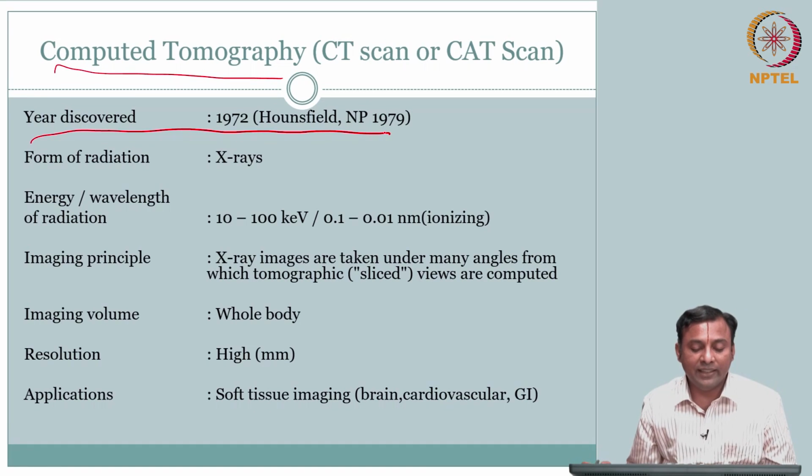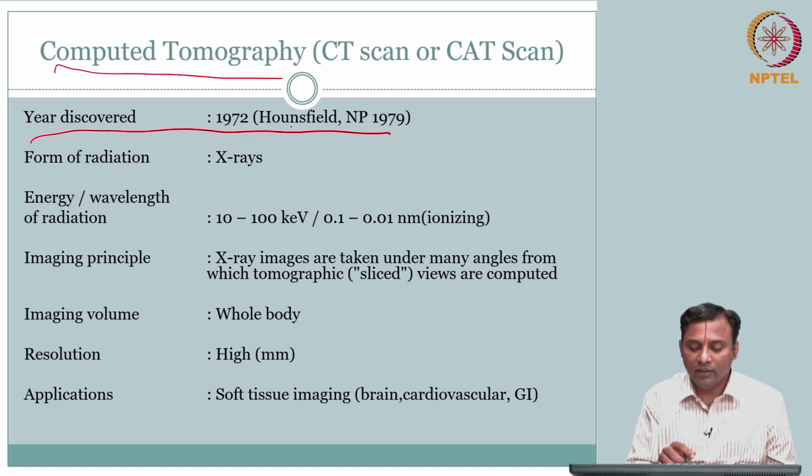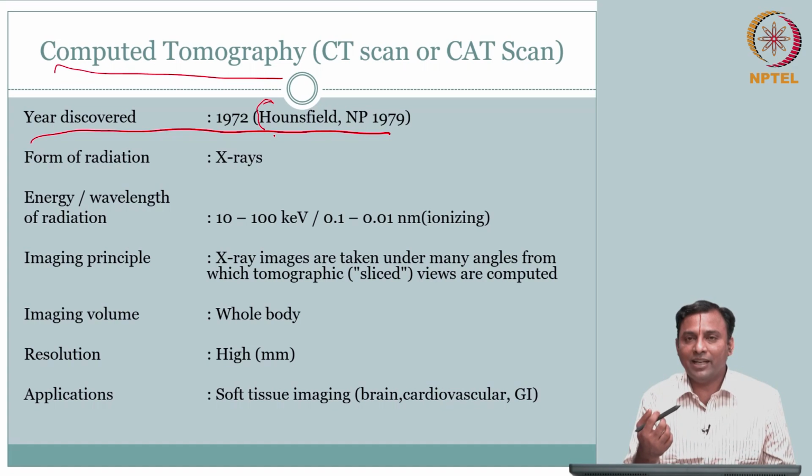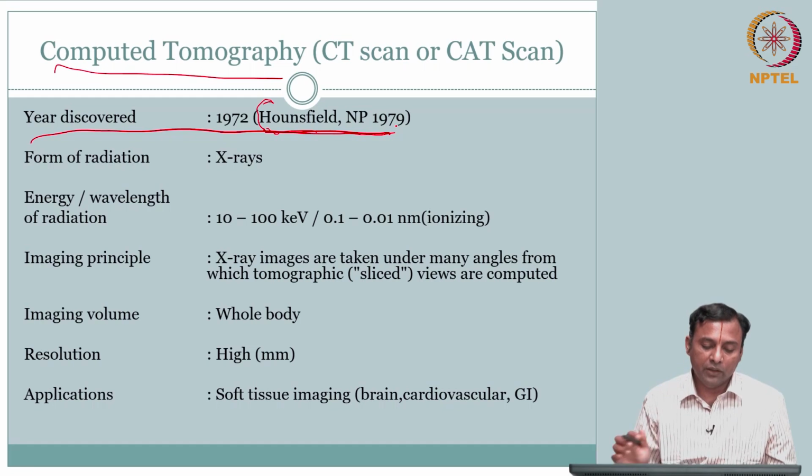When they say year of discovery here, 1972, this is essentially based on work where the concept of X-ray projection and the mathematics of reconstruction, computed tomography, was put to use, and for which Hounsfield received a Nobel Prize in 1979.